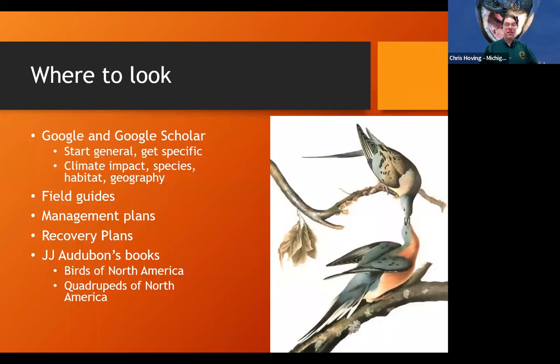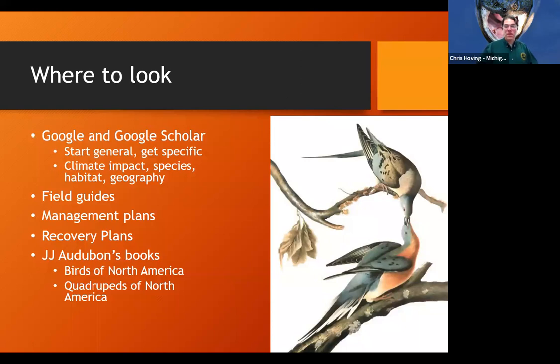And then the last one, as a history buff, an excellent place to go is John James Audubon's books. Everybody knows John James Audubon for his pictures of birds. He was a very good painter. So, a picture of passenger pigeons here on the right.